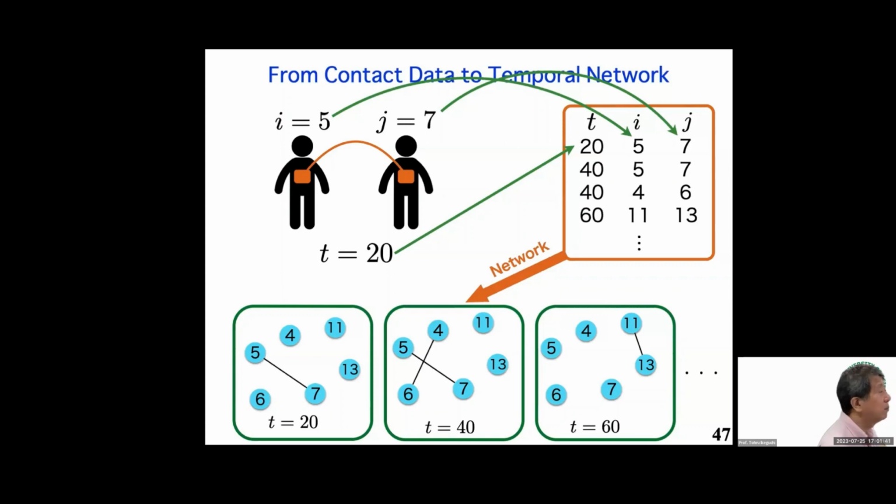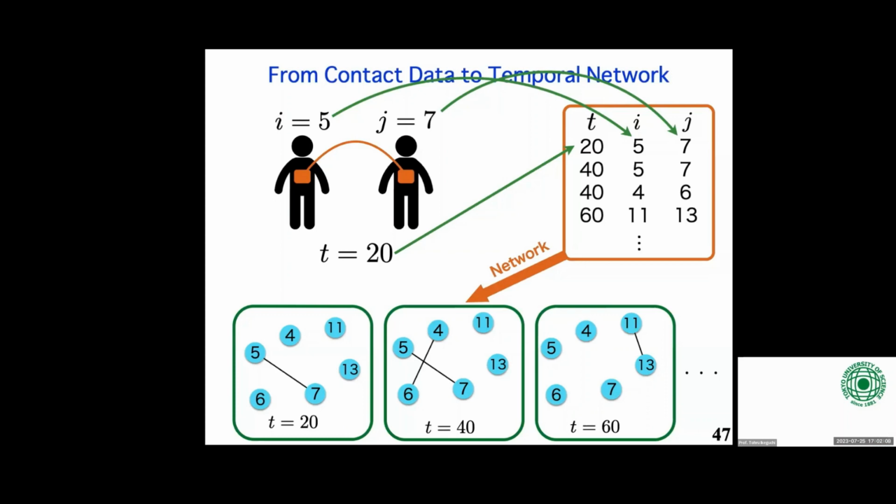For example, the first row of the upper right data is described as 5 and 7, which means that contact between person 5 and person 7 was made during the first period.